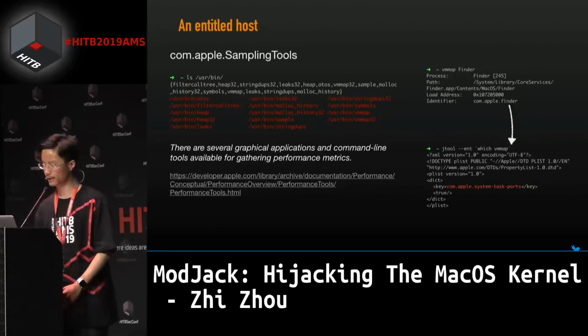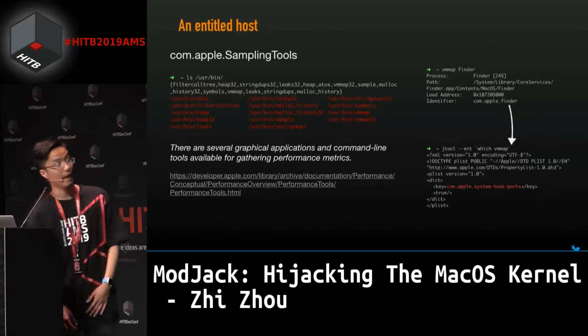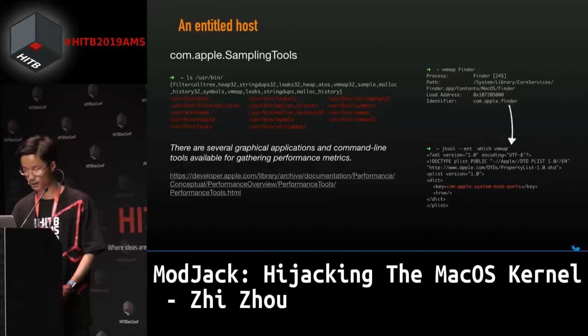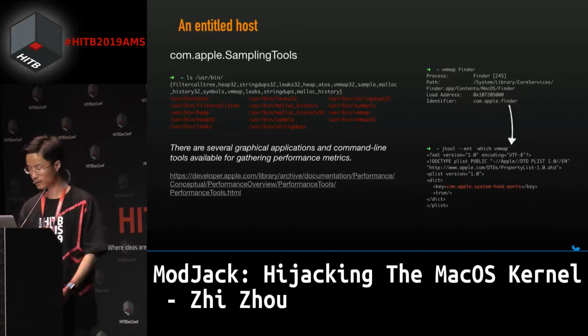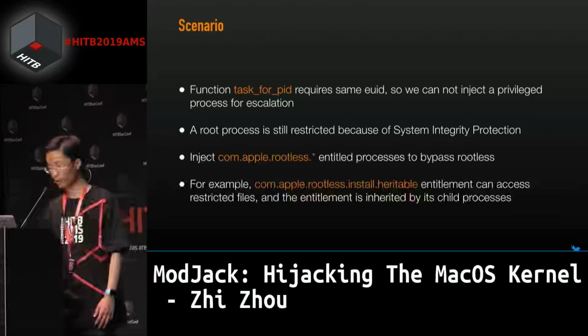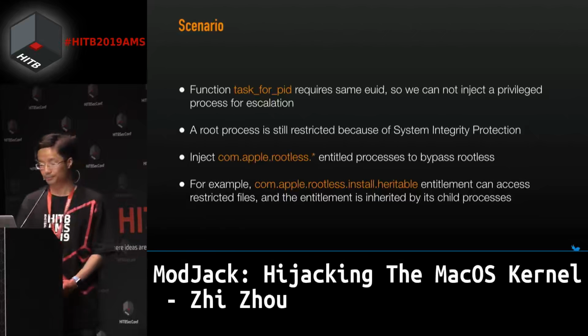So let's check the entitlements of vmmap. You can see the red highlighted line in this snippet. It owns this special entitlement, so it can attach to any process it wants. So what happens when we gain this entitlement and attach to kextd? Well, what will happen next?